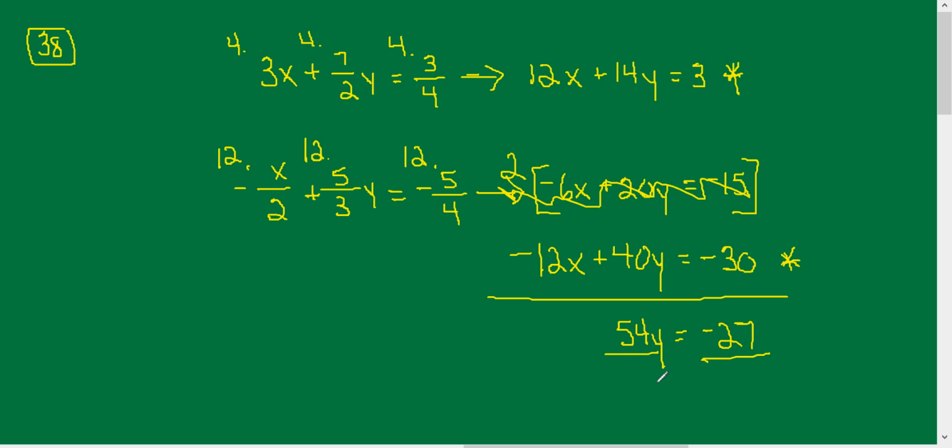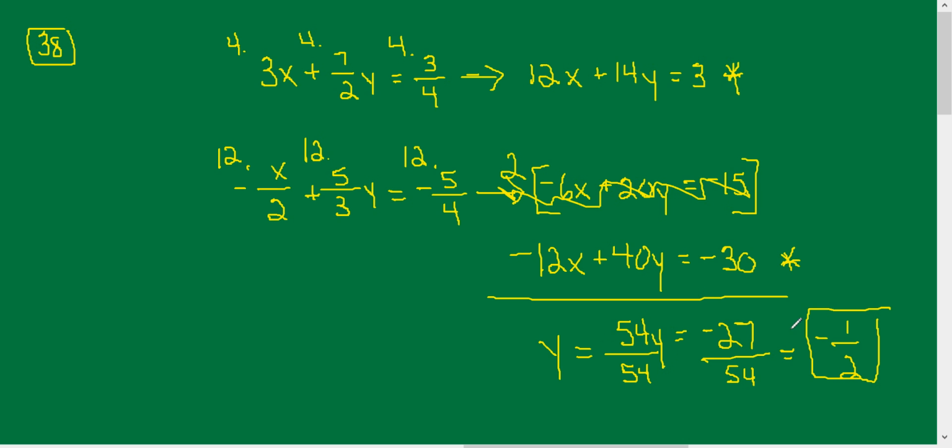Oh, that's good, because 27 is half of 54. So this ends up being negative 1 over 2. What is that? y. y equals this. Okay, good. I'm happy with that.